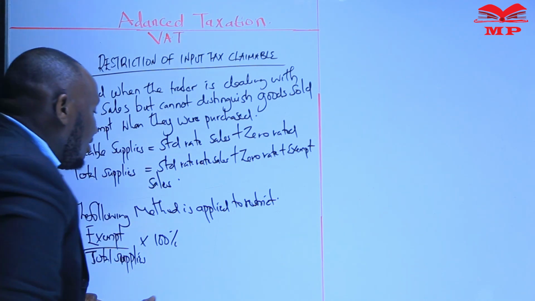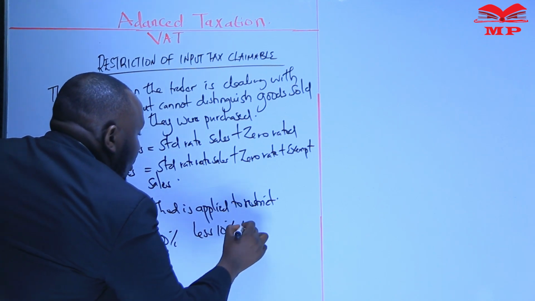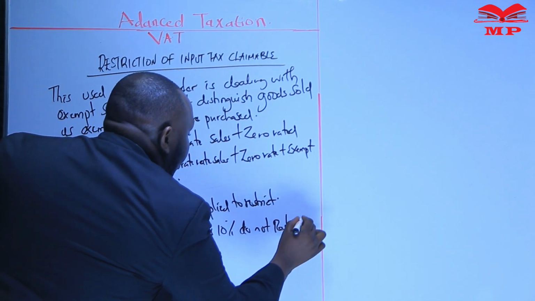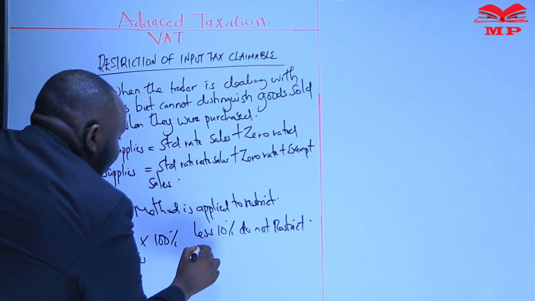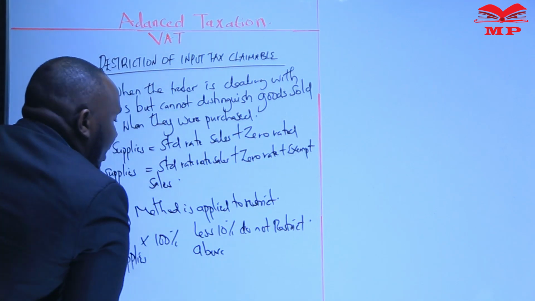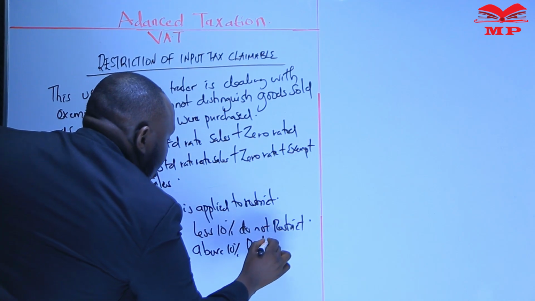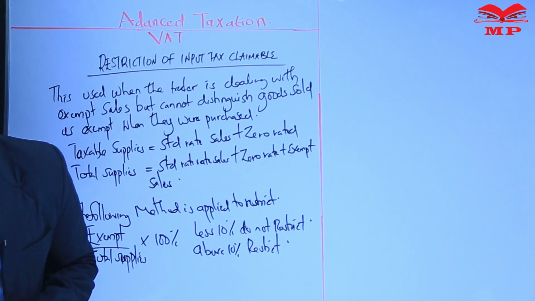If it's less than 10%, do not restrict. Above 10%, we restrict altogether.